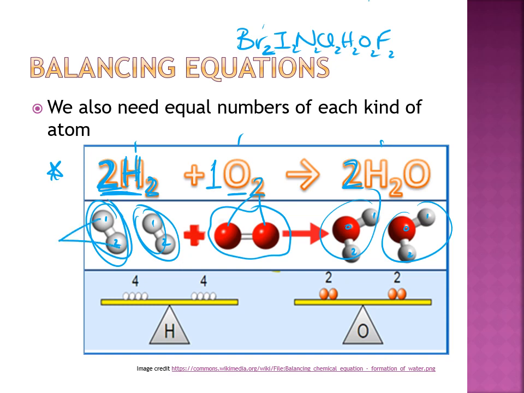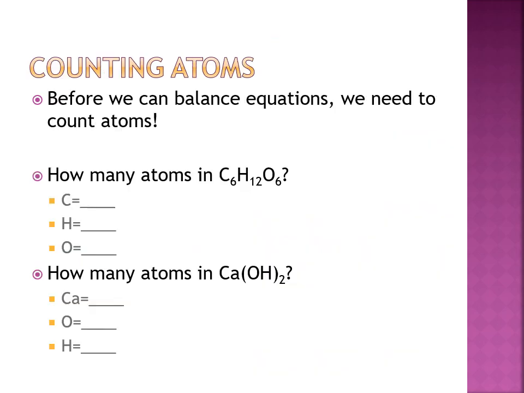I have 1, 2, 3, 4 atoms of hydrogen on the left in the reactants, and I also have 1, 2, 3, 4 atoms of hydrogen in the products on the right. Oxygen, there are 2 atoms on the left, and there are also 2 atoms on the right. So we have matches of each of our kinds of atoms, both in the reactants and the products.